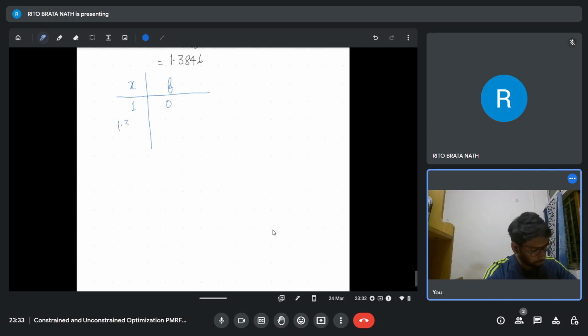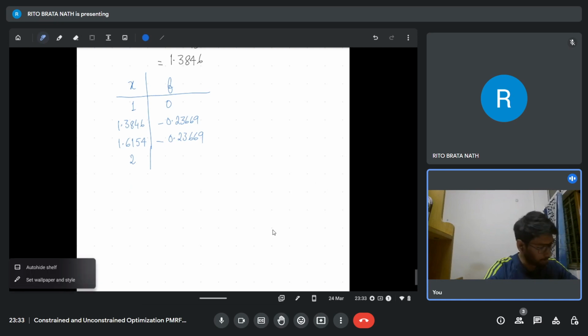At 1.3846, the function value is minus 0.23669. So it has a decreasing trend. At 1.6154, it also has a value of minus 0.23669. And at 2, the function value is again 0.